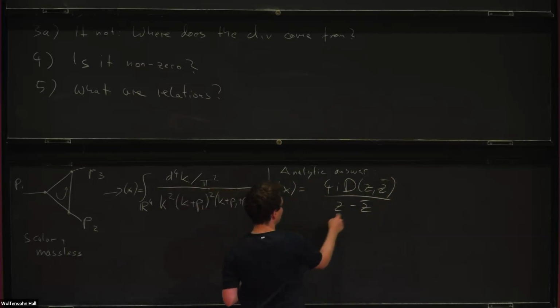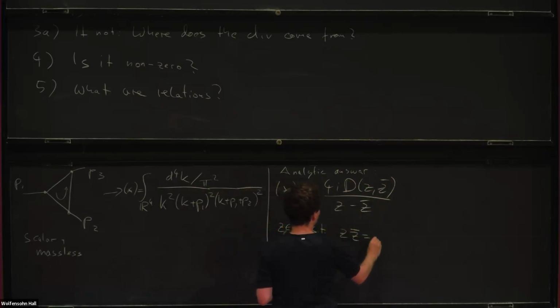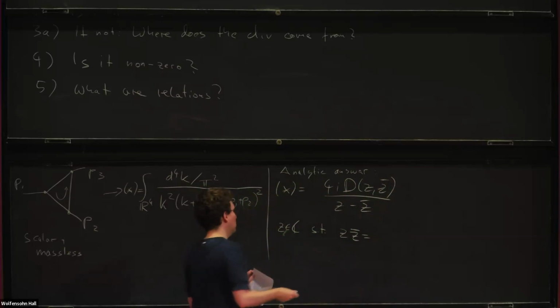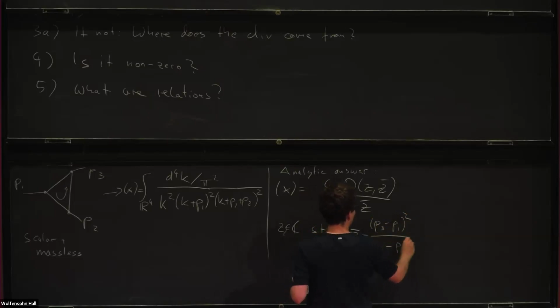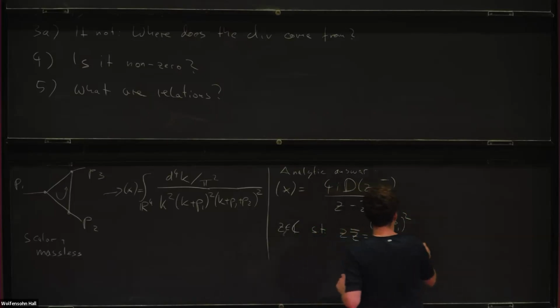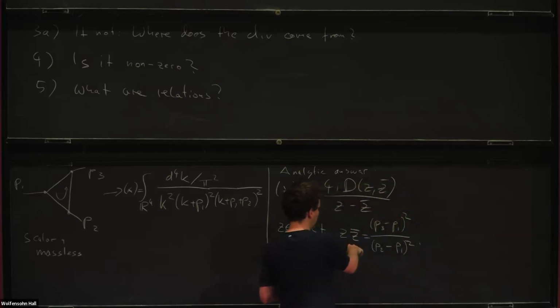We choose z and z bar, so z is like a complex number, and we choose it such that z times z bar is equal to (p3 minus p1) squared over (p2 minus p1) squared. And so this is a quadratic equation, an equation in z and z bar, so we need another equation.